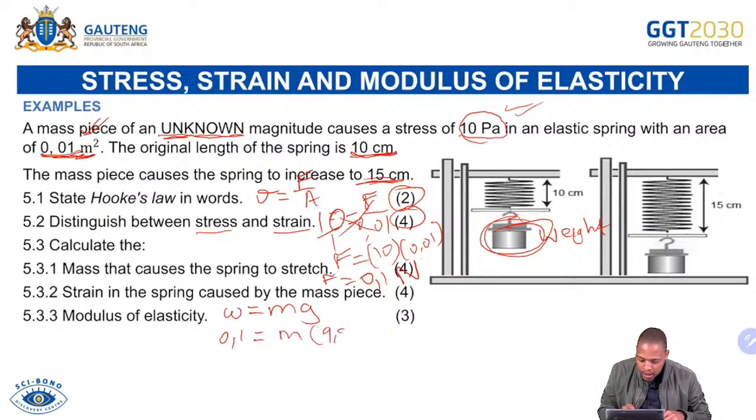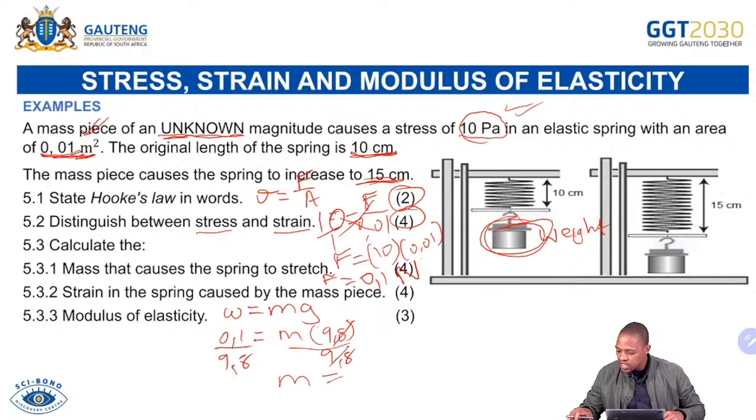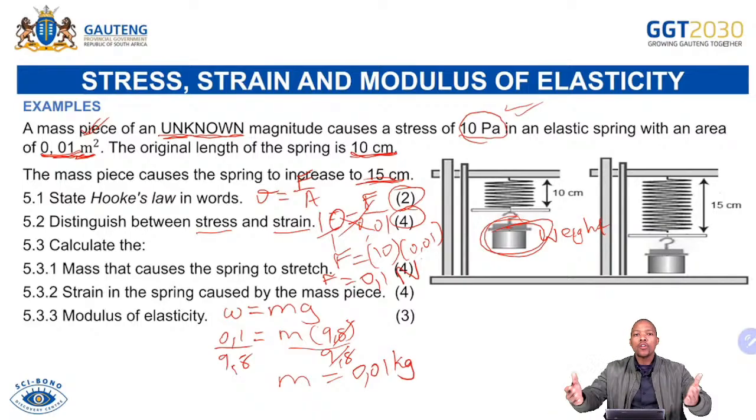G will always be 9.8 meters per second squared on Earth in terms of calculations. 0.1 divided by 9.8 going into your calculator, you get that your mass will be 0.01 kilograms. We have the mass, 4 marks.